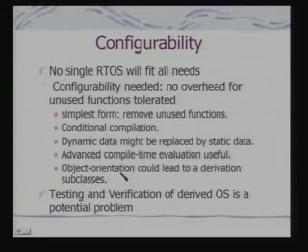And this advanced compile time evaluation is useful for optimizing the whole system. And object orientation can lead to derivation of subclasses or specializations on the basic functions provided by the core OS. But obviously, testing and verification of a derived OS is a potential problem. So the whole idea is what?